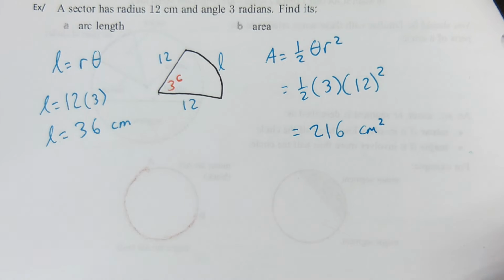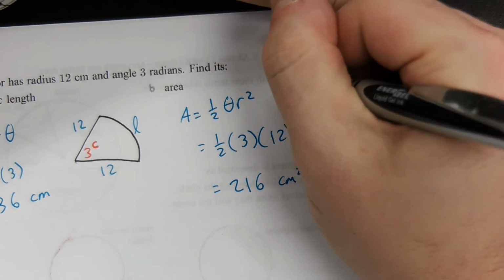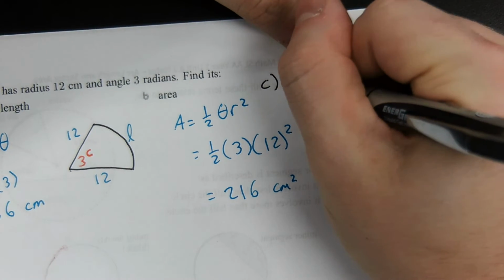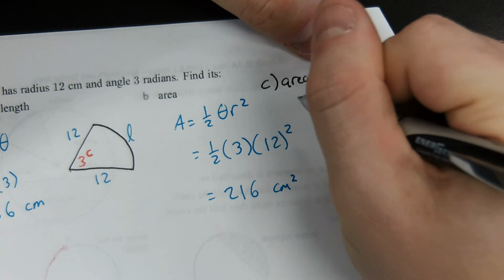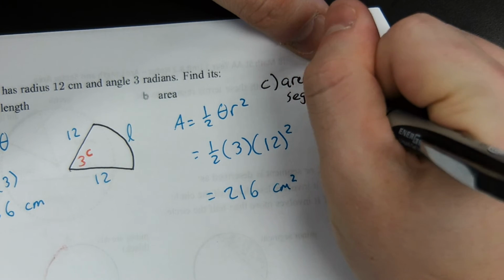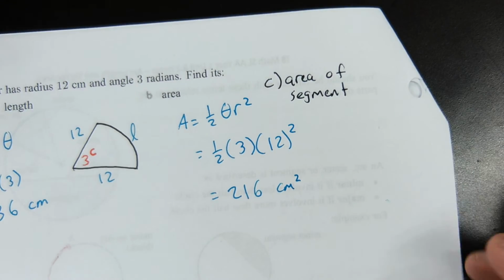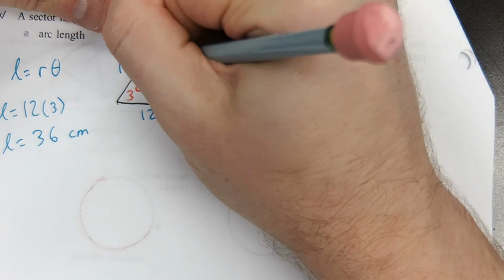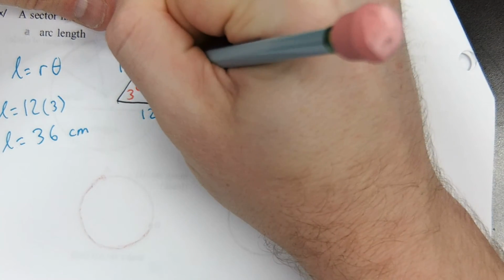You know, the question didn't ask for it, but I'm going to go ahead and throw a question C on there. And it's going to say find the area of the segment. And recalling from the previous page, the segment is this.